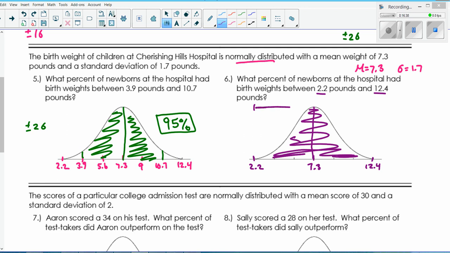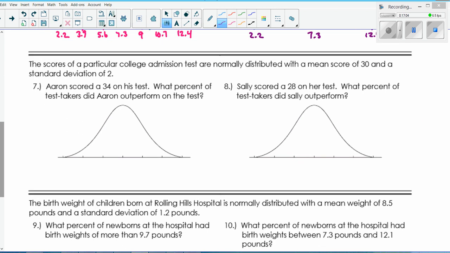So since we're going from here all the way to here, so that's 3 standard deviations to the left, because we go 1, 2, 3, and then 3 to the right, 1, 2, 3. So since it is plus or minus 3 standard deviations, that would mean that this represents 99.7% of our data. So almost every newborn is between 2.2 and 12.4 pounds. Okay?